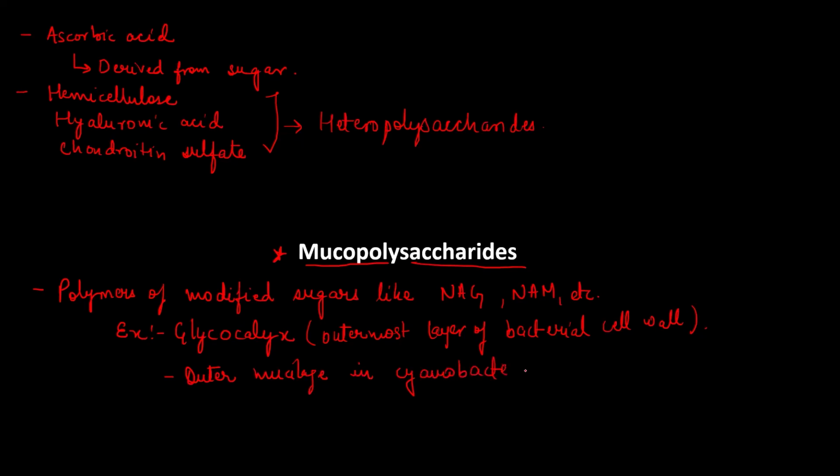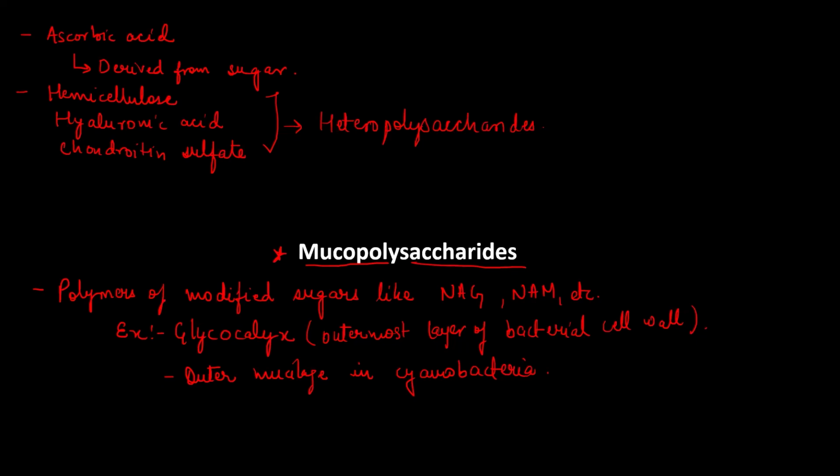These are the examples of mucopolysaccharides. So with this, we have completed another biomolecule, polysaccharides. Till now, we have completed proteins and carbohydrates. In proteins, we saw amino acids, enzymes, and structure of proteins. And then we have also completed carbohydrates.